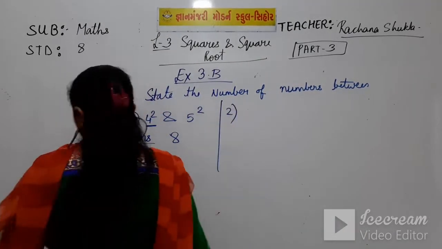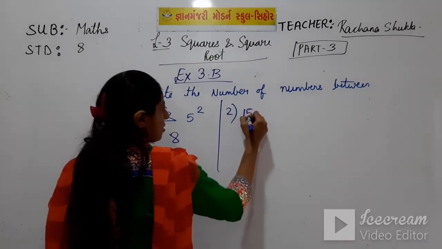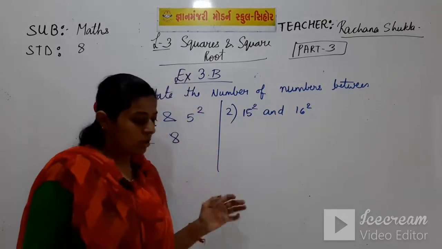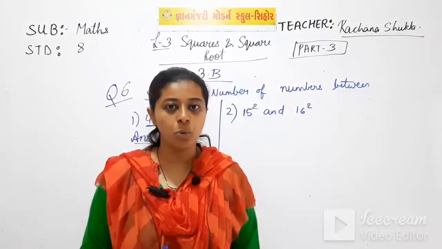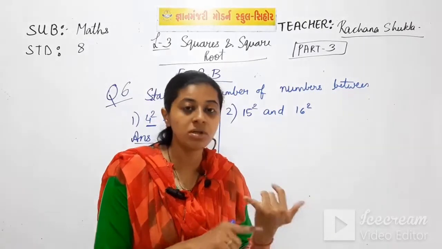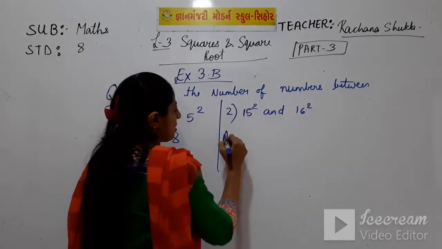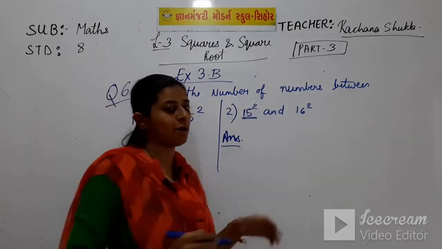Then the second question, and that is 15 square and 16 square. You don't have to calculate what is 15 square, then find out what is 16 square and then count the numbers. No, directly you can find the answer as the double of 15. What is the double of 15?